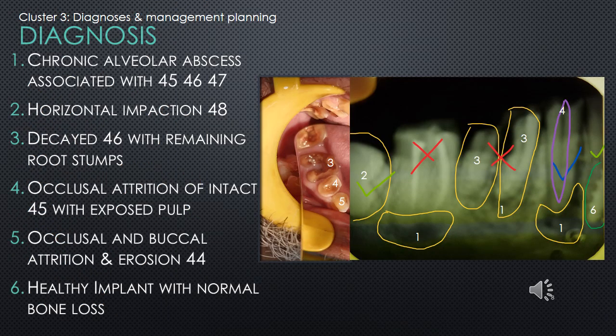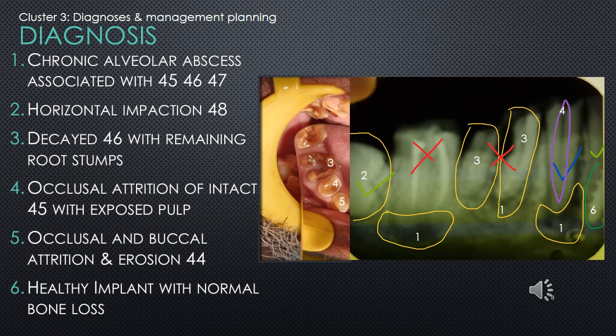Gathering all the information, we will land up in cluster 3, which is diagnosis and management planning. Based on the information collected from history, clinical and radiological examination, we now can make a differential diagnosis or confirm the diagnosis. Number 1, there is chronic alveolar abscess associated with teeth 46, 47 and 45.